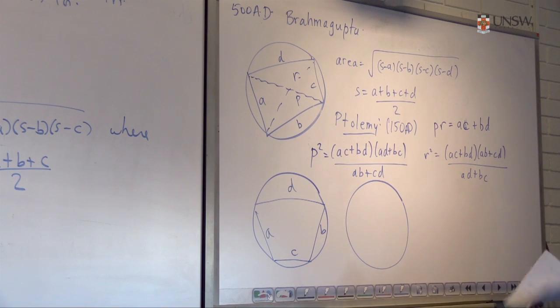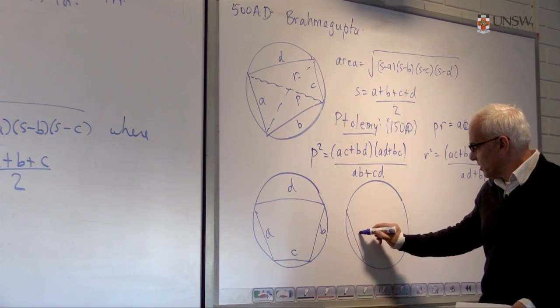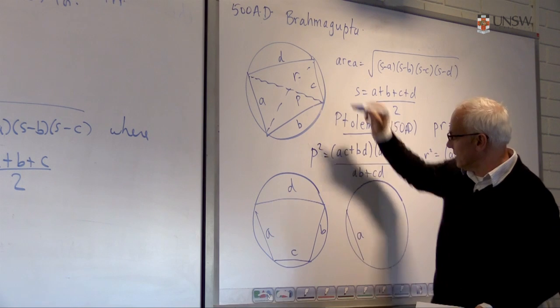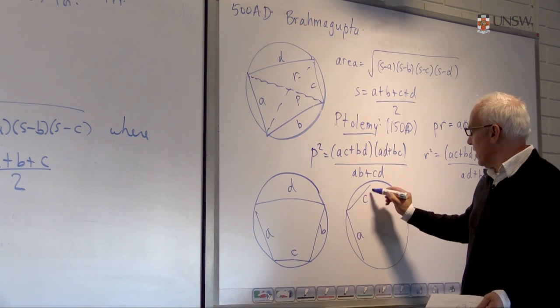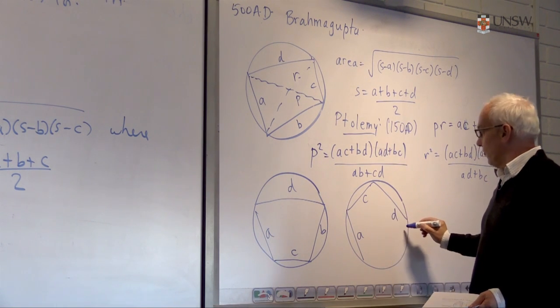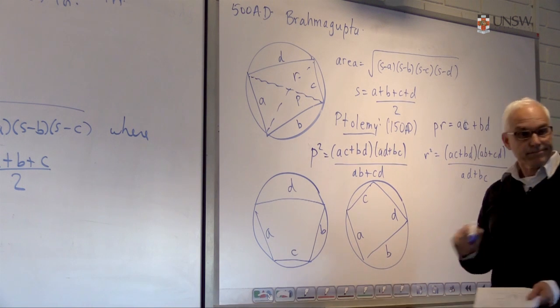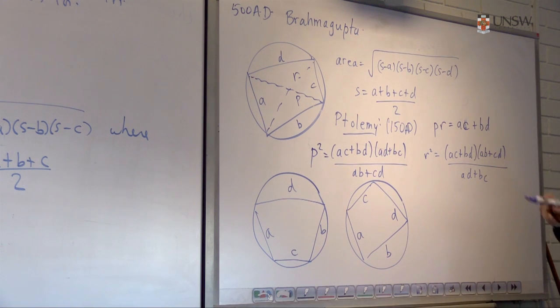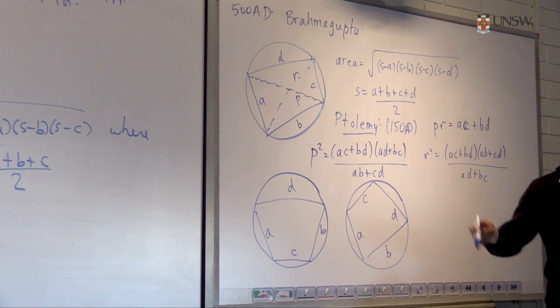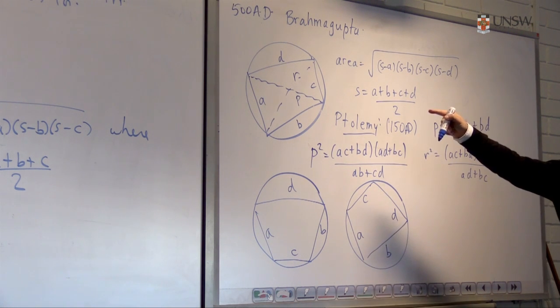Probably not a very good diagram, but that's the idea. And over here, we'll do the same kind of thing, but we'll switch C and D around, so that there's C now, and then there's D over here, and then there's B over here. Then we get three other quadrilaterals which have the same area as the original one.